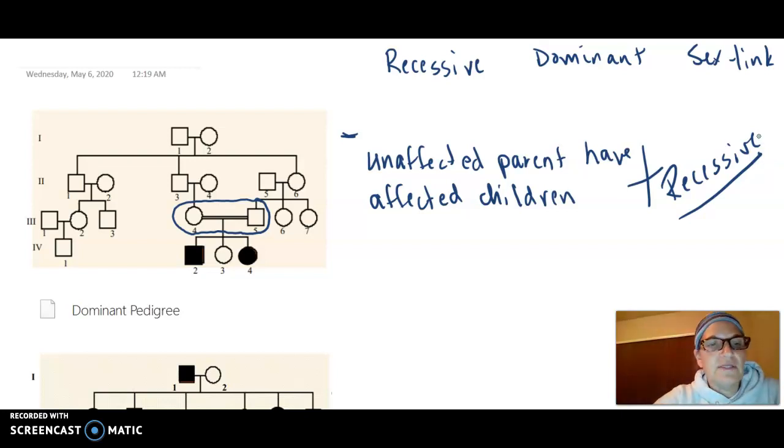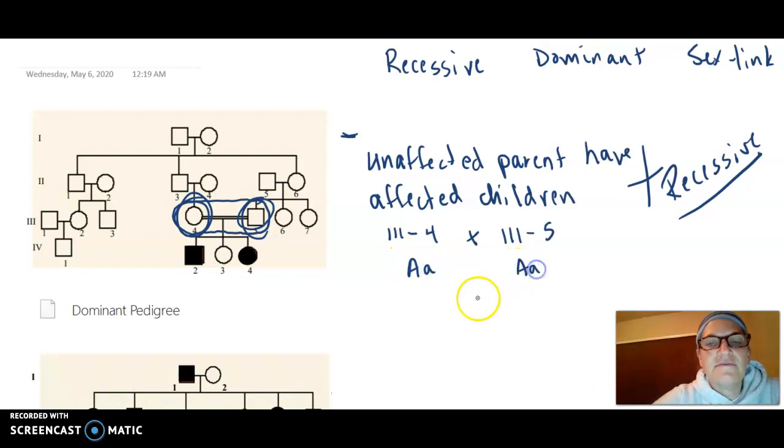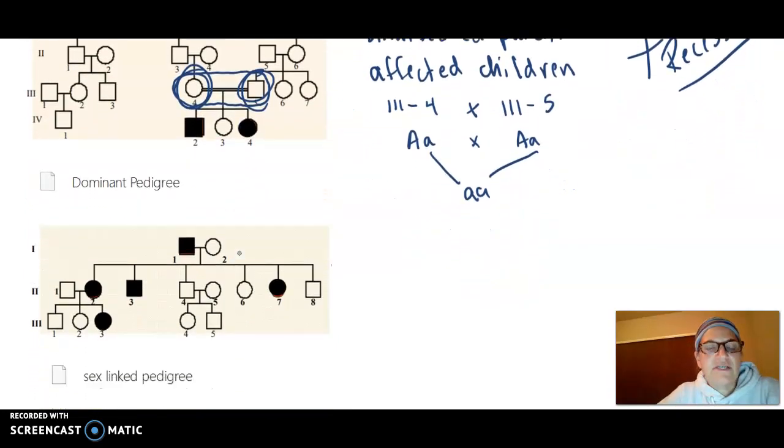Because, for example, generation 3, person 4 is crossed with person 5, this person right here. Both of those individuals had to be heterozygous, and when they crossed, that little recessive allele came together in 2 of their 3 cases and produced a recessive trait. So that is a recessive pattern of inheritance.